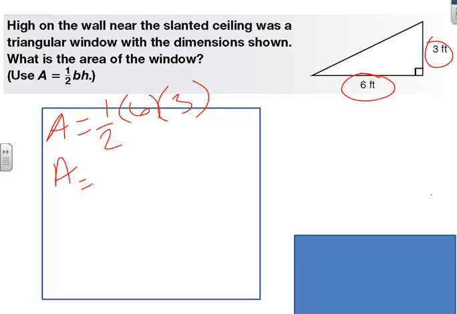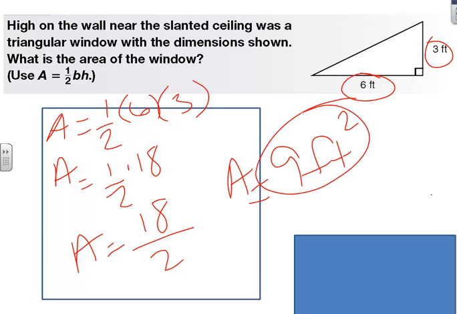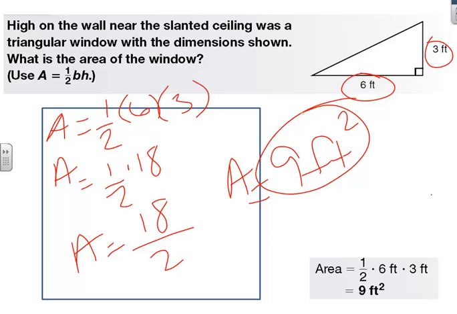So my area equals 1/2 times 18, which is 18 divided by 2. So my area equals 9 feet squared. Let's see if I got it right. Hopefully you beat me. You should have been able to do that mental math pretty fast. Yep, I love it when we get it right.